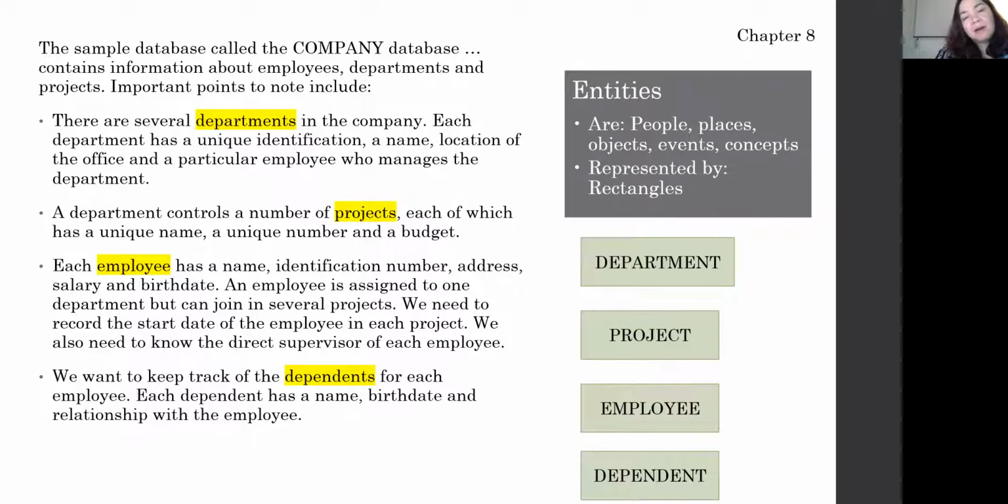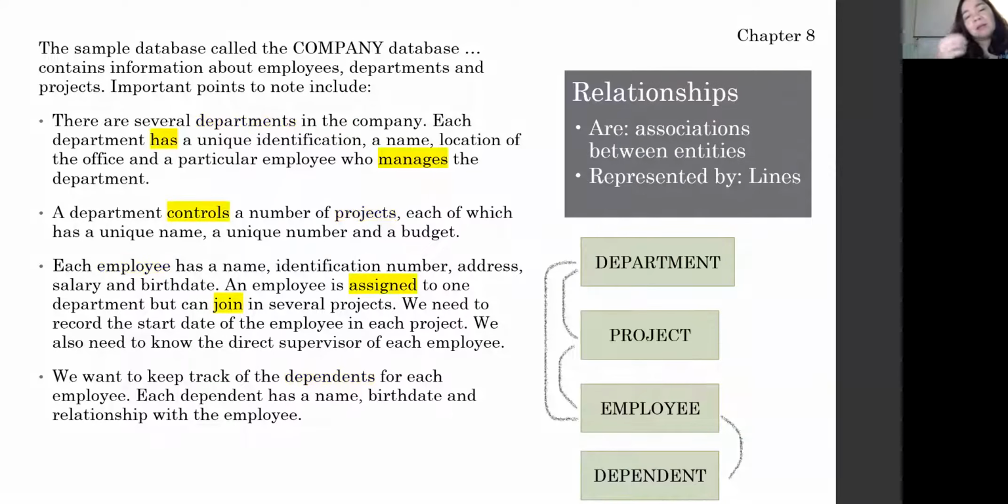and our next step is going to be to look at what relationships they have with each other. Again, our text has hints for us. So our departments, we know that there's an employee that manages the department.